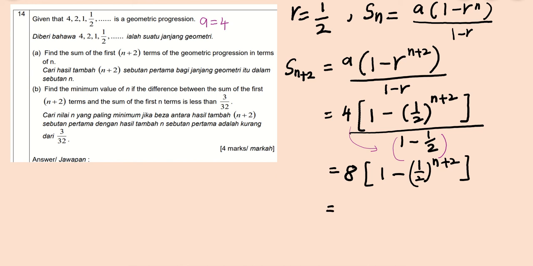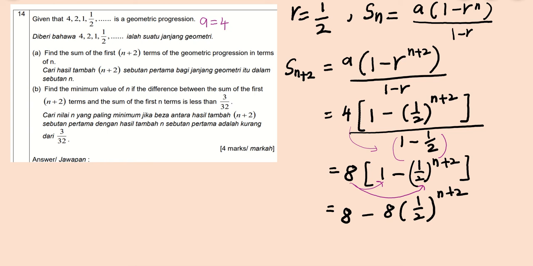Okay, so yang big bracket ni kita boleh remove. Kita darab setiap term tu dengan 8. So, 8 multiply 1 and then 8 multiply index. So, kita akan dapat 8 minus 8 multiply 1/2 to the power of n plus 2.